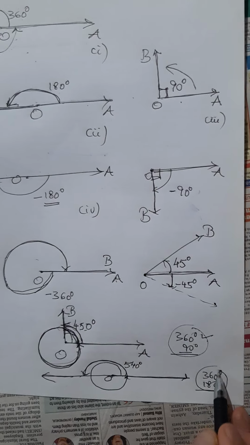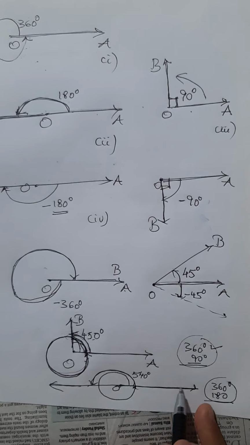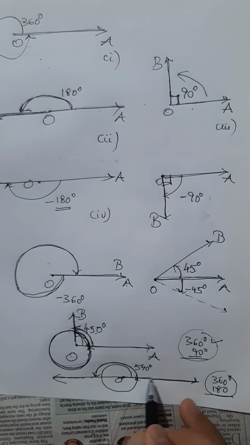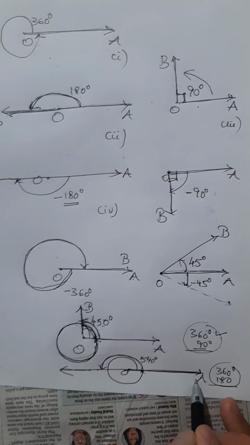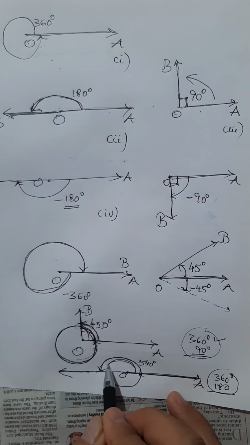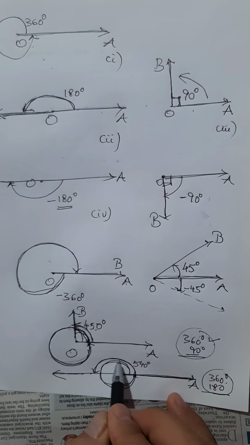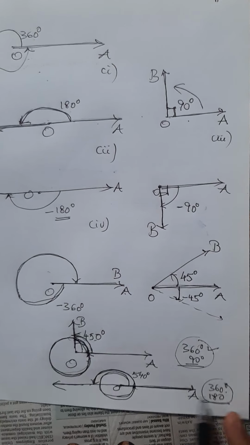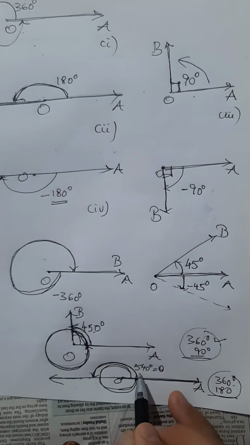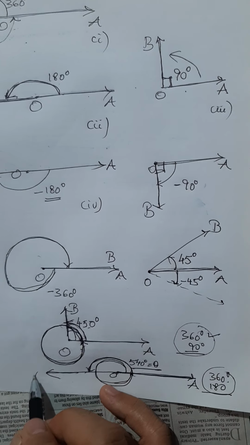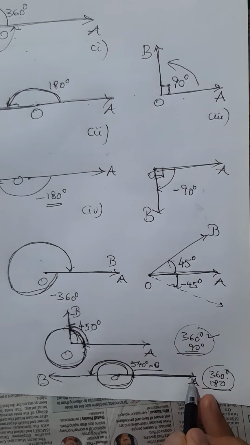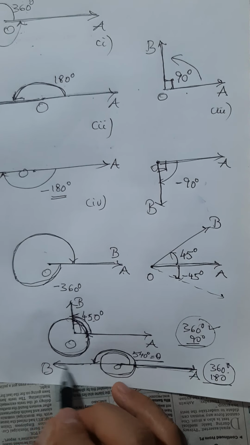The sum of these two. Again I repeat, I have started with this initial position, complete one revolution here 360 degree, then again half revolution, that is 180 degree. So here angle theta is nothing but 540 degree, starting from this initial to the final position.